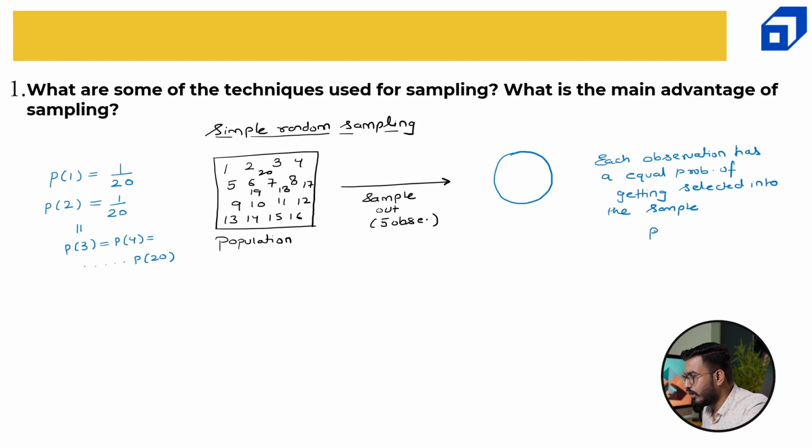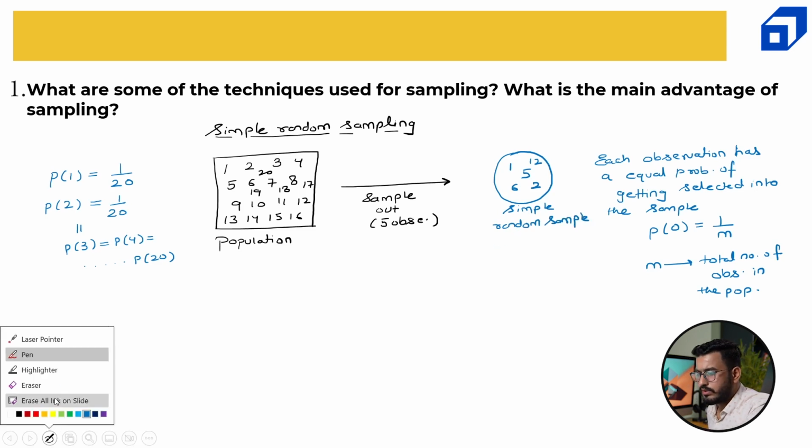And I'll say the probability of a data point O is equal to 1 divided by M, where M is the total number of observations in the population. So if I create the sample, it can be 1, 5, 6, 2, and let's say 12. So 1, 2, 3, 4, 5. This is my simple random sample.